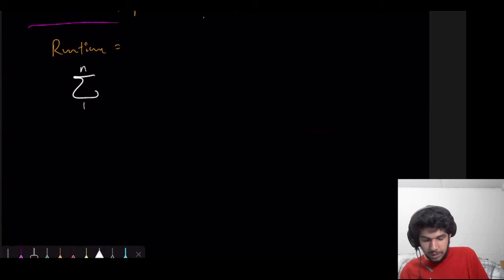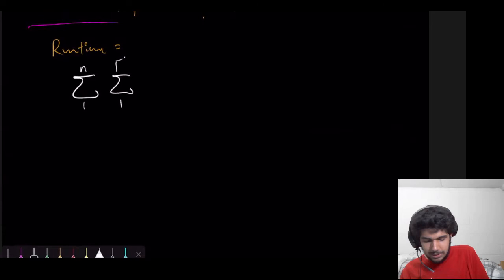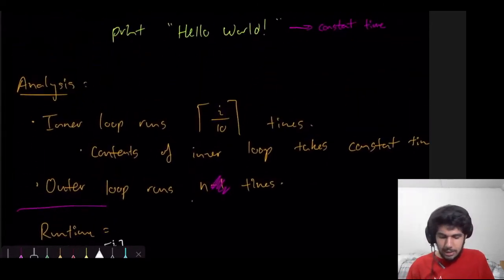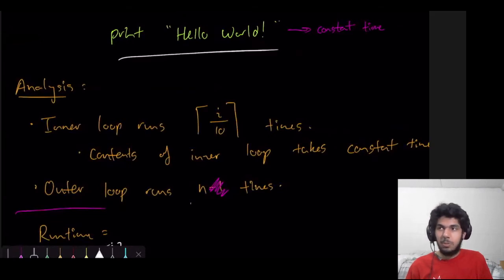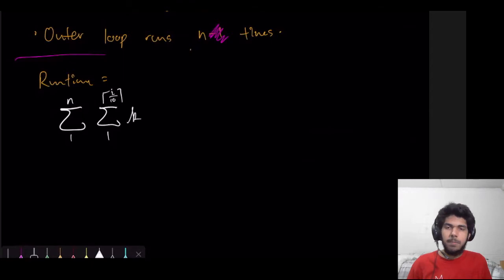Within that loop, we had the j loop, so we need another summation. And j ran ceiling of i over 10 times, so this will go from 1 to the ceiling of i over 10. And lastly, the innermost thing was the print statement, which took constant time, so we'll just put a constant k there.